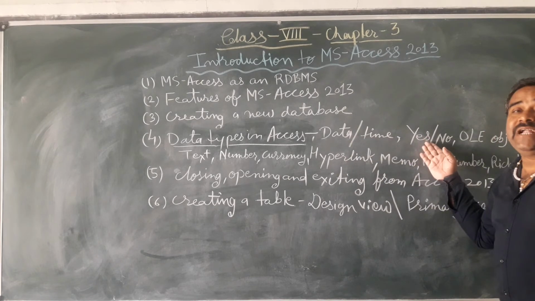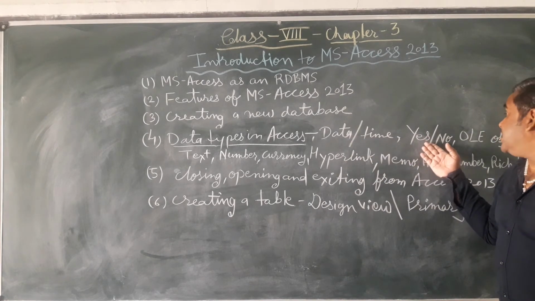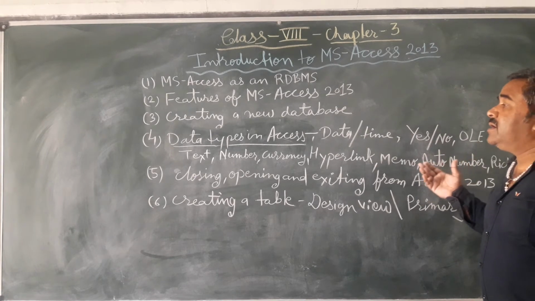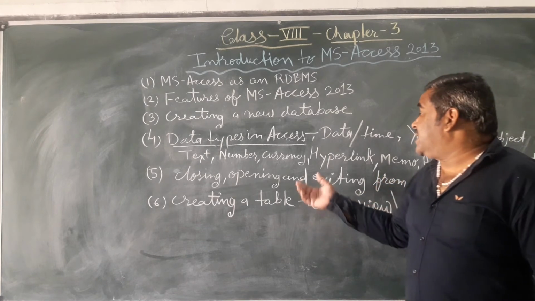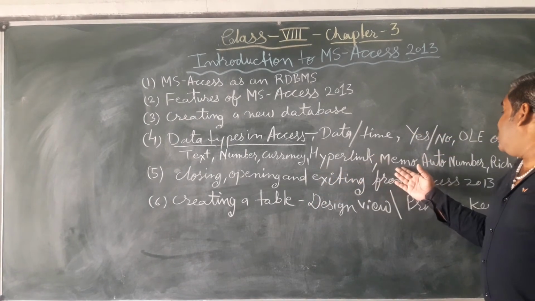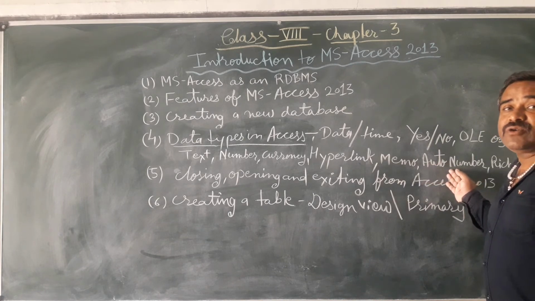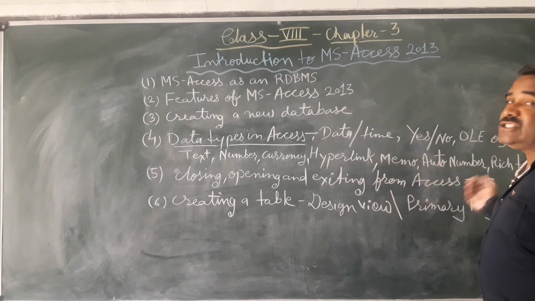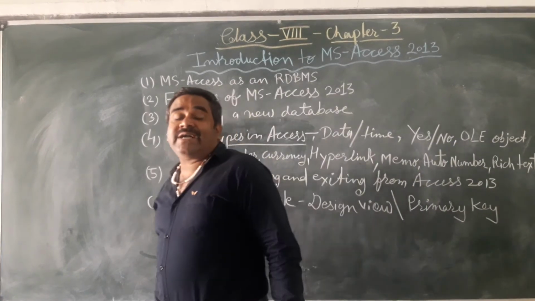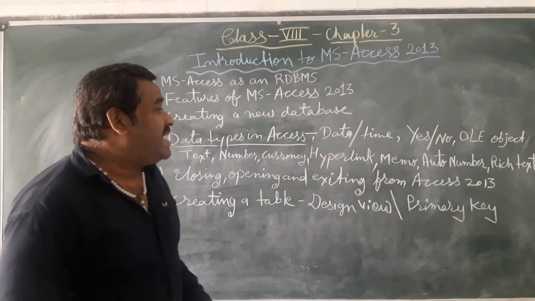Yes/no means if you are checking availability, yes or no. OLE object means you link your data within another object. Hyperlink means something similar. Memo, and auto number: when you use serial numbers, they are generated automatically. Rich text in the form of tags. So these are some of the data types we use in MS Access.